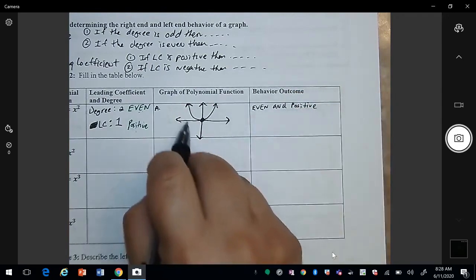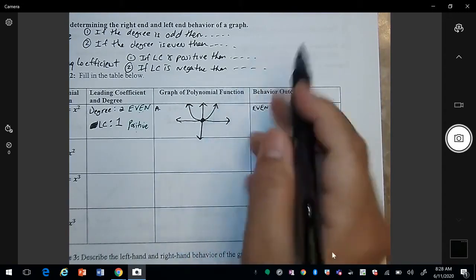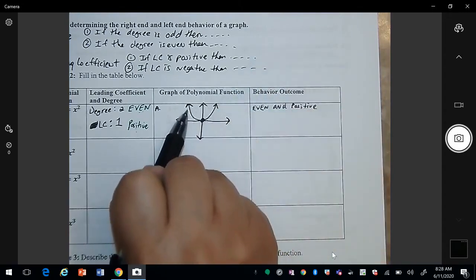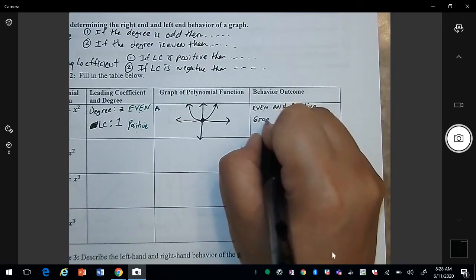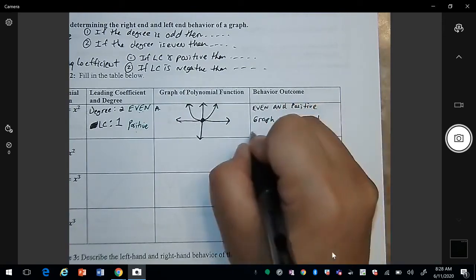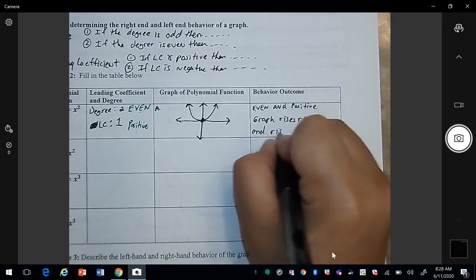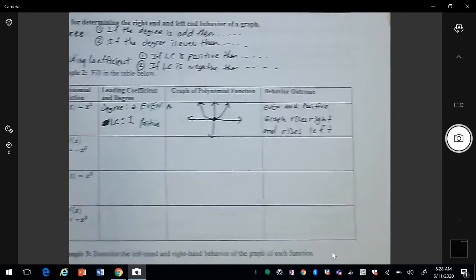If we look at the graph, all the way to the right side, we can see that this graph here is rising. And all the way to the left side, this graph is rising. So we'd say that the graph rises right and rises left. Okay.